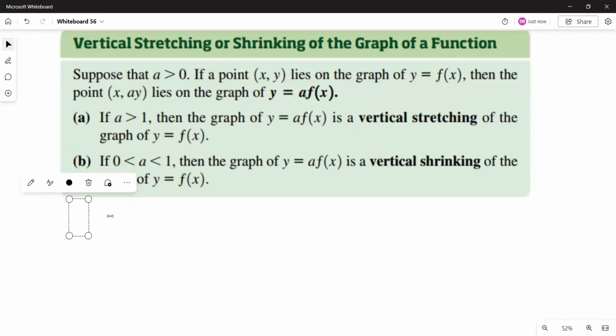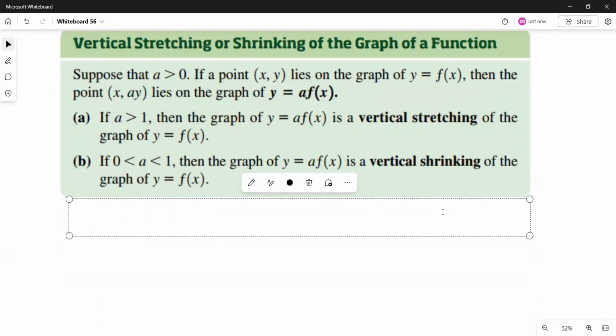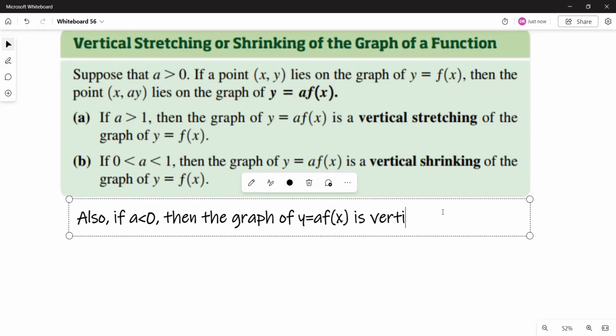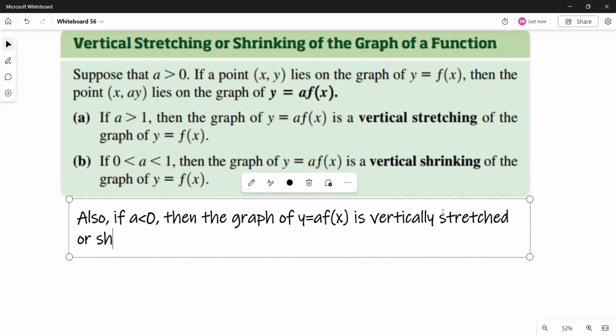So also, if a is negative, then the graph of y equals a times f of x is vertically stretched or shrunk, but it's also going to be reflected.